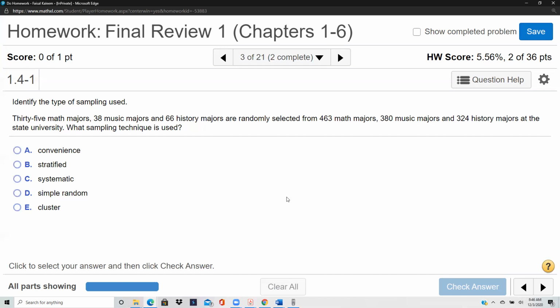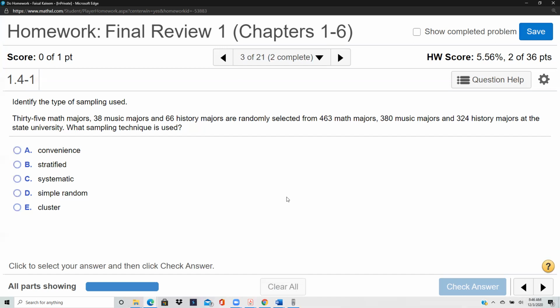So where it says selected from, we would choose the answer by saying they were taken from this whole group of majors. So it was everybody and then it was a few.